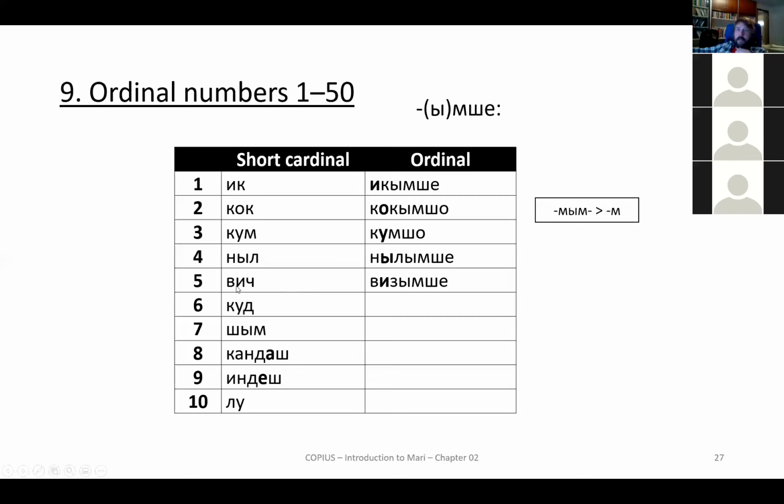So vis historically would not have been a valid word in Mari. I say historically because we have some loan words that are already somewhat older that do have this, like kagaz, paper, an originally Persian word where it did not become kagach. But if Mari had received this loan word a few hundred years earlier, it would have become kagach most probably.